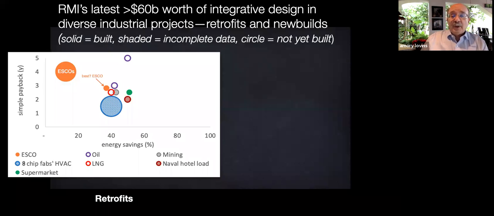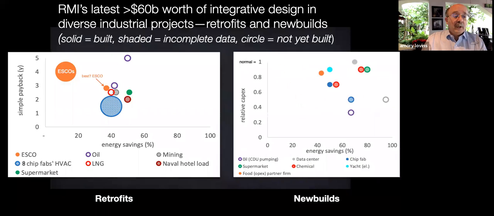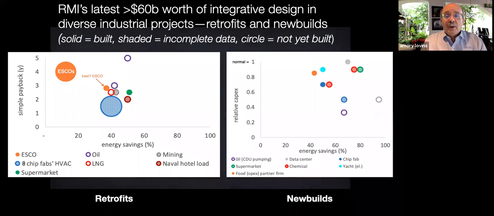This is analogous to the Empire State Building, where a noted energy service company offered the same 3-year payback we got, but its disintegrated design would have delivered only a sixth of the 38, later 43% savings we got. And then in new industrial projects, RMI's practice generally found 40 to 90-odd% energy savings with lower than normal capital cost, again, across a wide range of applications.